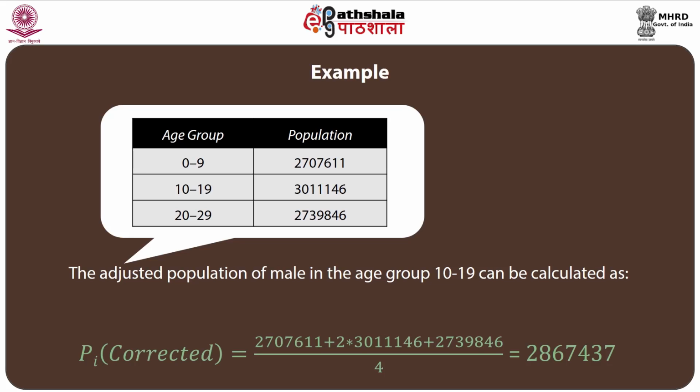For instance, if you have Pi for a particular age, the previous age group population and the succeeding age group population, and 2 into the Pi value divided by 4 will give you the corrected population of a particular age group. In this case, it is considered as the 10 to 19 age groups.